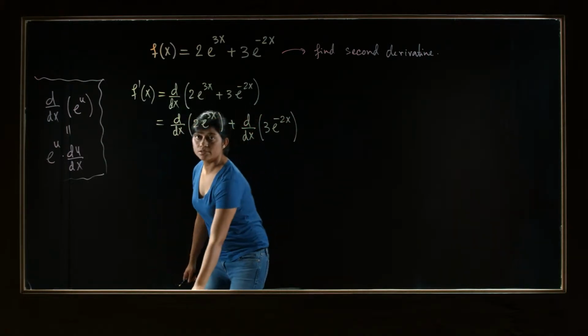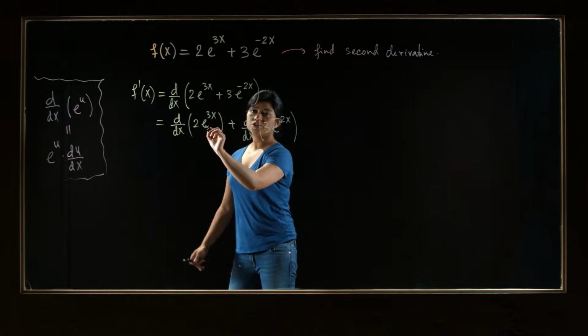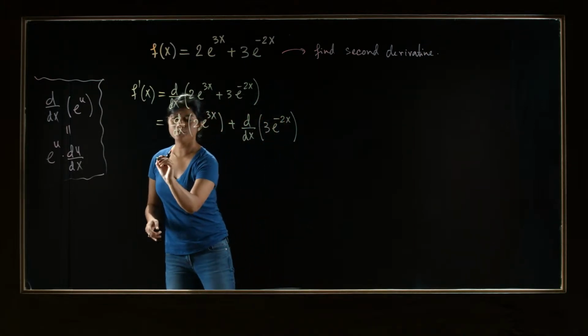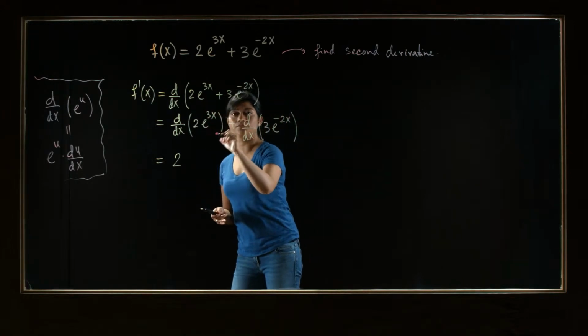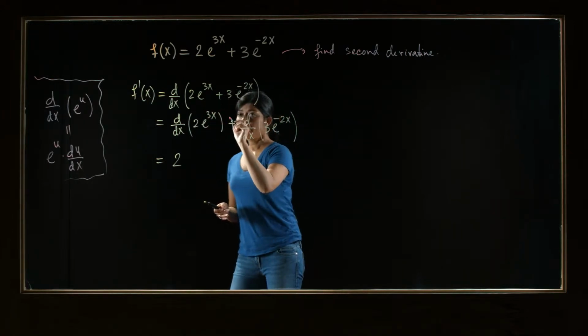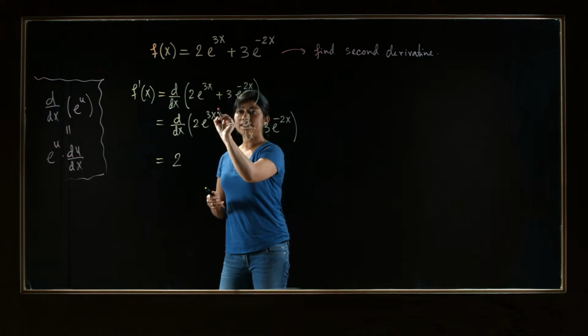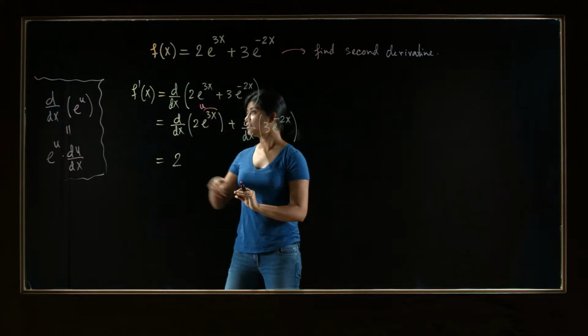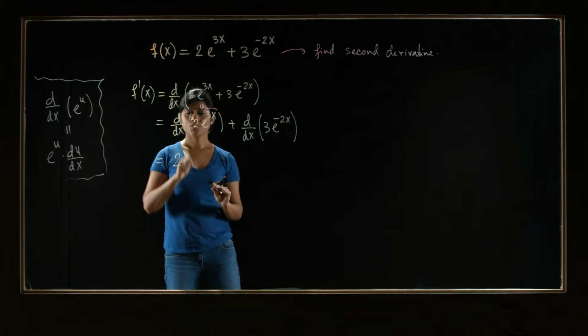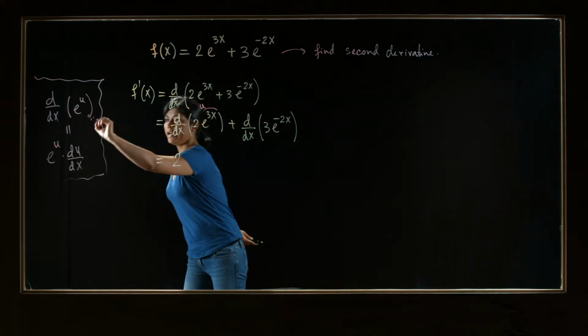Now, notice this 2 is just a constant, so we know that when we take the derivative, we will write down this 2 and then we have to take the derivative of this exponential function. So, whatever is in the exponent, this 3x is like the u here. So, let us apply this rule.